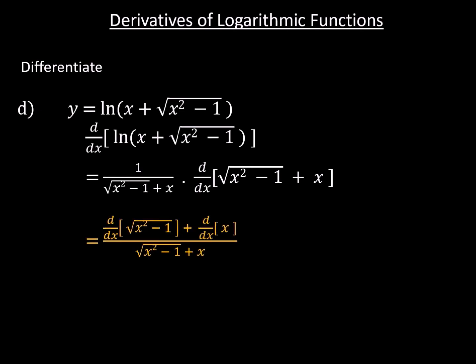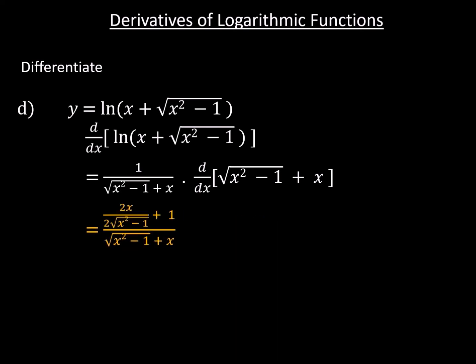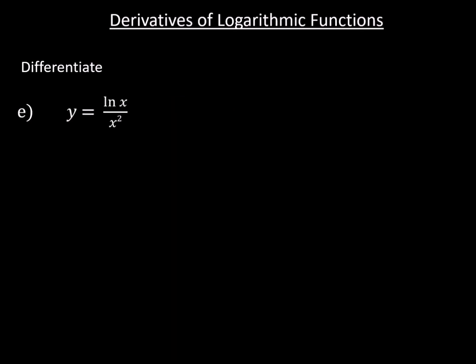For the derivative of the square root of x squared minus 1, we applied the chain rule, and for the derivative of x, we applied the power rule. We then simplify throughout. Divide both the denominator and numerators by 2 to simplify further. Simplify until we get our final answer of y prime is equal to 1 over the square root of x squared minus 1.